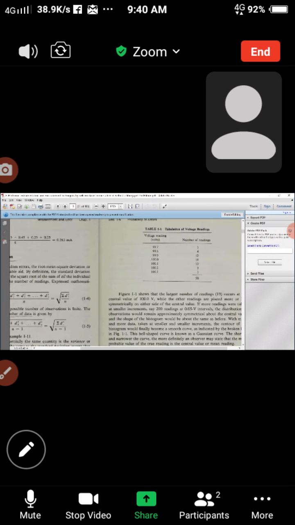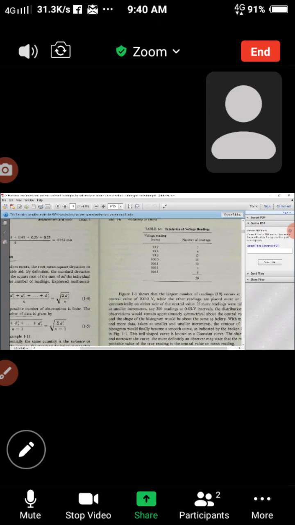If we are trying to measure 100 volt voltage, there are 19 times we are getting 100 volt across the instrument. 99.9 volt reading I am getting around 12 times. 100.1 volt I am getting around 10 times, and 99.8 volt I am getting 4 times. 99.7 I am getting 1 time only, and 103 I am getting once.